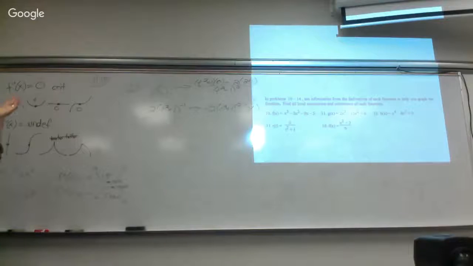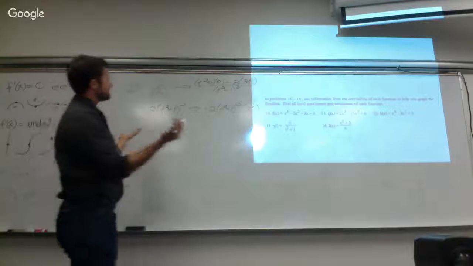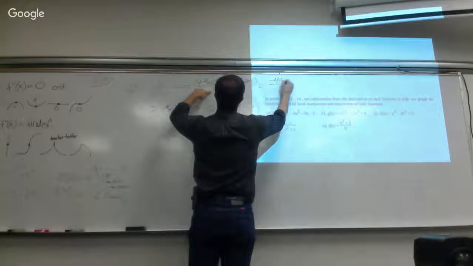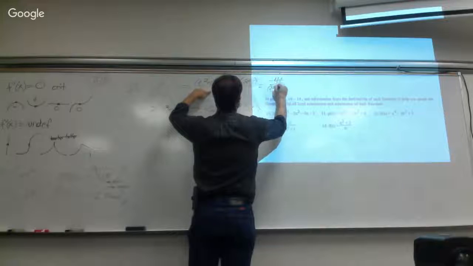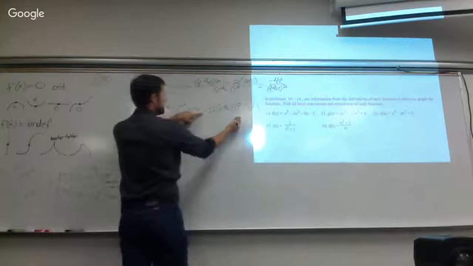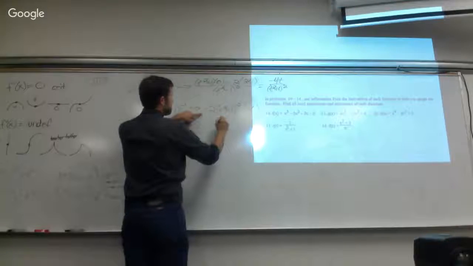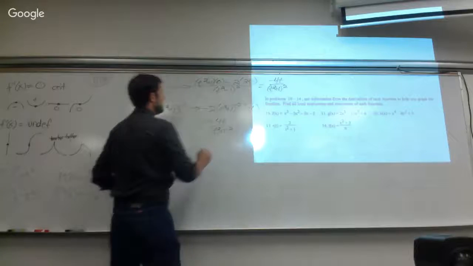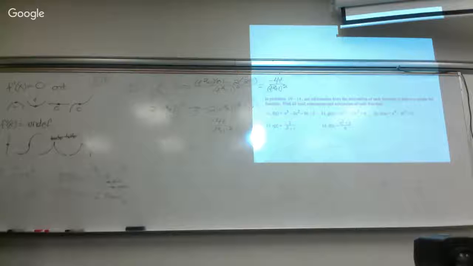You still have to clean it up. Should we get the same answer either way? Yeah, of course we should. So now this is negative 4t all over t squared plus 1 squared. Or this way, we have negative 4t over t squared plus 1 squared. Does anybody suddenly have a new preference for which way you'd rather do it, the chain rule or the quotient rule?